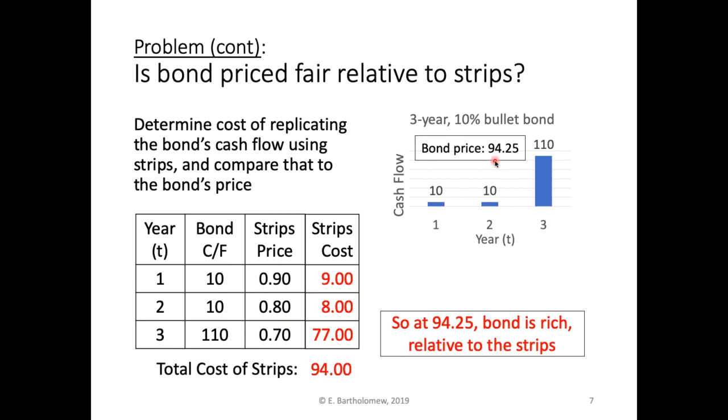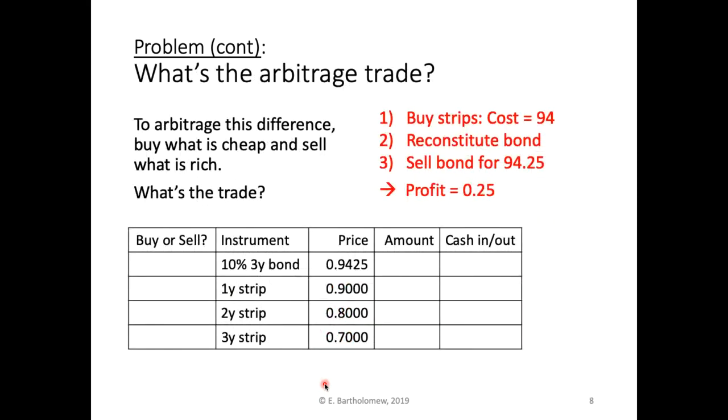The bond goes for a price of $94.25, and the total cost of the strips is $94. So what's the trade? Well, we would buy what's cheap. So we'd buy the strips for a total cost of $94, reconstitute the bond, sell the bond for $94.25, and realize a 25-cent profit.